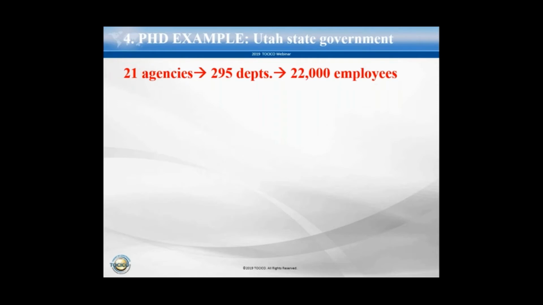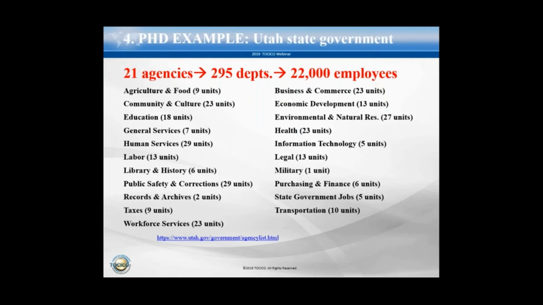and she's no relationship at all to me, but a brilliant woman. I went out to the Utah government website. The state government is composed of 21 agencies, 295 departments, 22,000 plus employees. These are the lists of the 21 agencies.